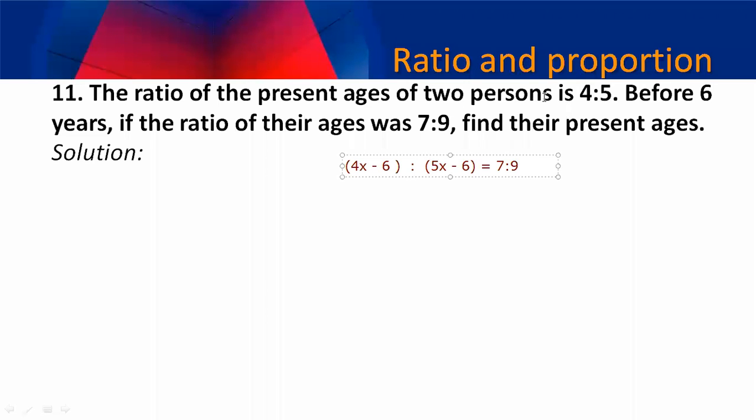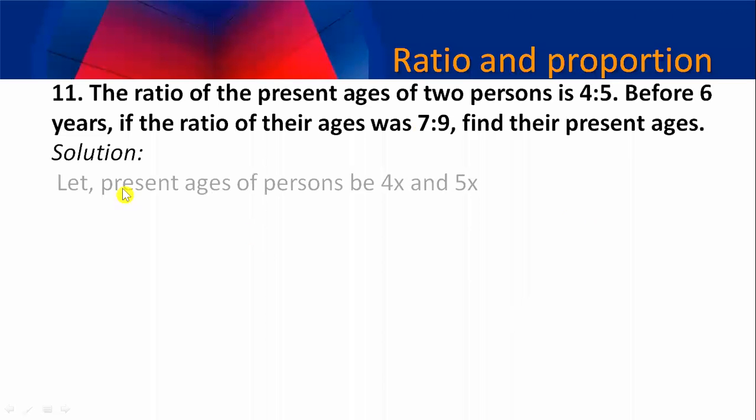From the first sentence, ages of the persons are 4x and 5x. From the second sentence, 4x minus 6 is to 5x minus 6 is equal to 7:9. So we have to solve this one. After solving this equation, we will get the value of x, and after getting the value of x, we can easily find out the values of 4x and 5x.